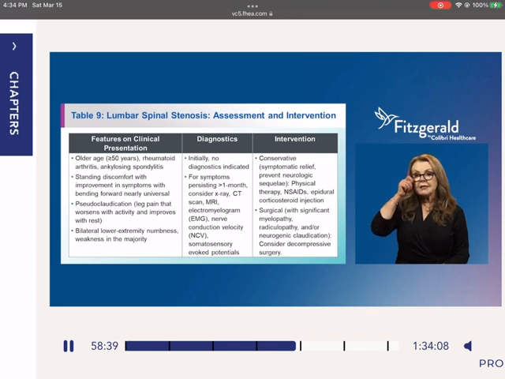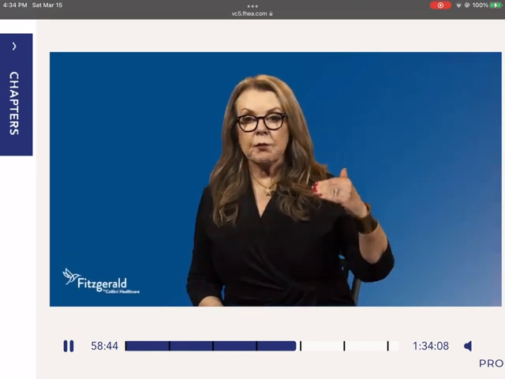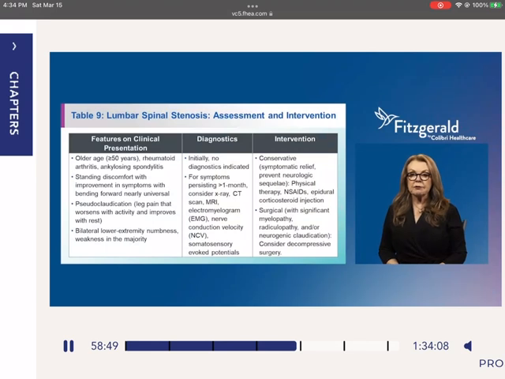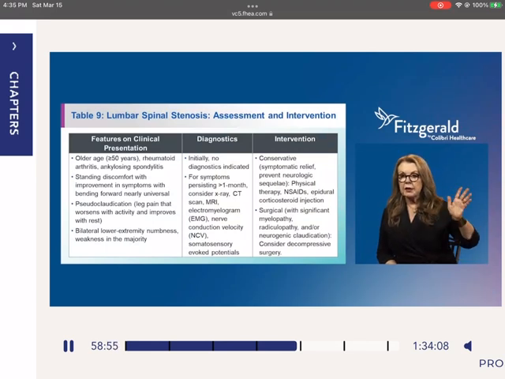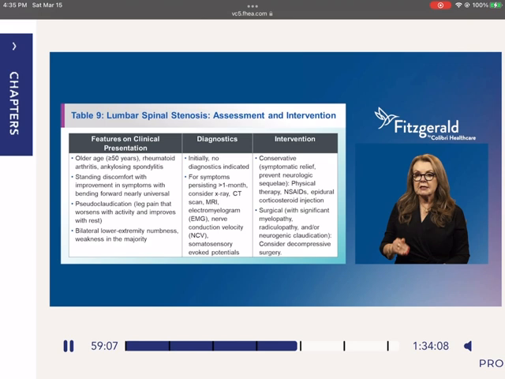What are the diagnostics with lumbar spinal stenosis, and what should you know for boards? First of all, for boards, you should know how to recognize this. That's your job. And for symptoms persisting for more than a month, because in the first month it's conservative therapy, no diagnostics, you could consider X-ray, CT, MRI, EMG, nerve conduction velocity type of imaging. General rule, if you strongly suspect spinal stenosis, then consider getting the MRI and refer to a spine specialist.